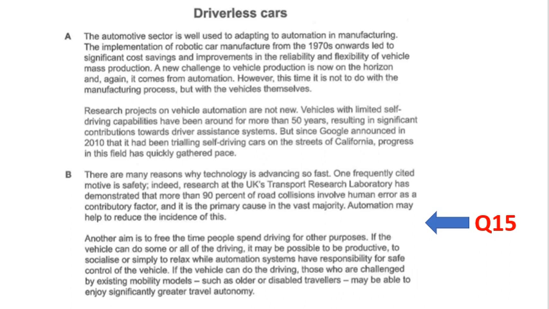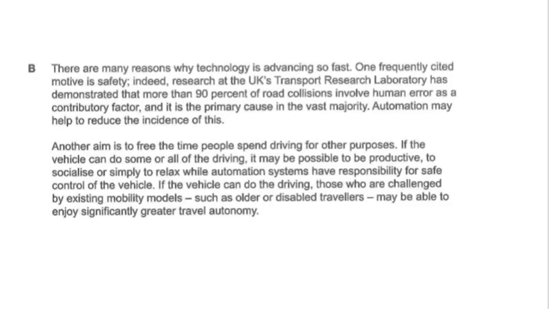Yes, so for better reading, I am going to paste that paragraph here so that it becomes easier for you to read. There are many reasons why technology is advancing so fast. One frequently cited motive is safety. So what is the first advantage? Safety. Then automation may help reduce the incidence of accidents.